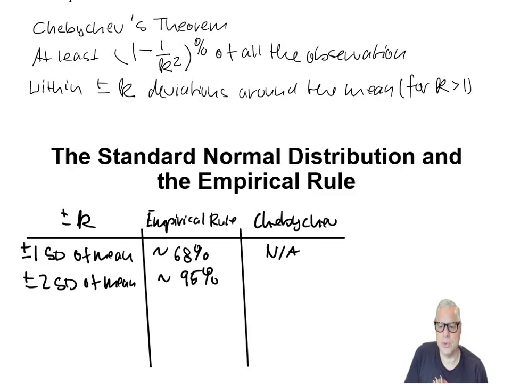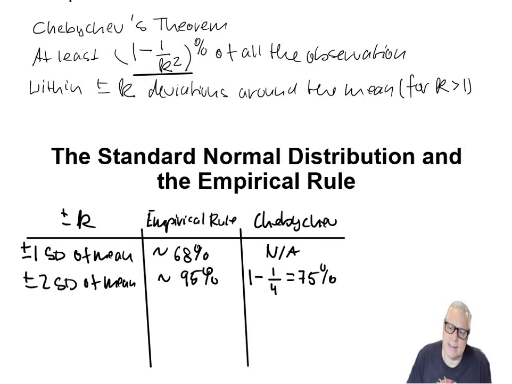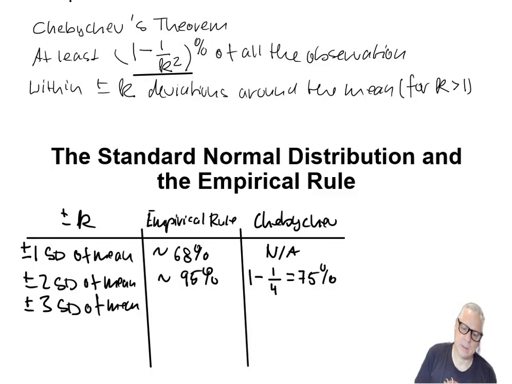and by using Chebyshev's theorem it would be 1 minus 1 over k squared. So we have to look for this k squared, so 2 squared, 4. So that would be roughly 75%, or specifically at least 75%. Okay, and then in the empirical rule we would say between plus minus 3 standard deviations of the mean, we have roughly 95.7%.